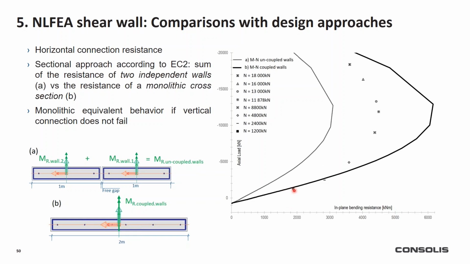And we can see here the results from the 2D Diana models. So at the lower lateral load levels, we have an equivalent monolithic behavior, and then the strength is reduced. We have partial interaction between the two panels when the vertical connections start to fail.